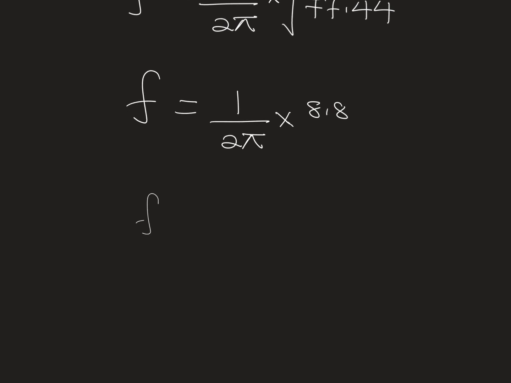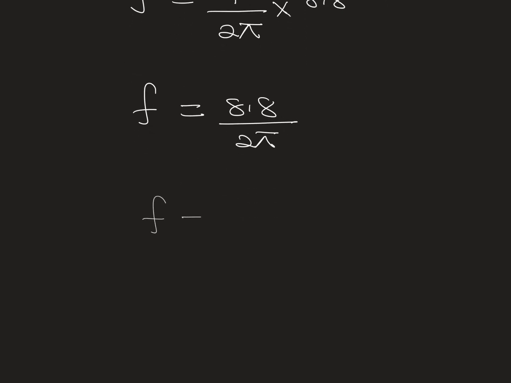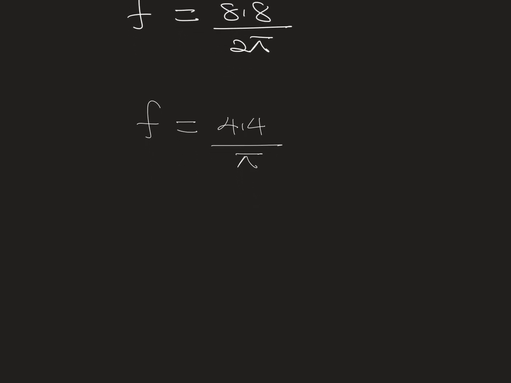So the frequency is equal to 8.8 divided by 2 pi. So the frequency will be equal to 4.4 divided by pi. Now that is going to be in hertz.